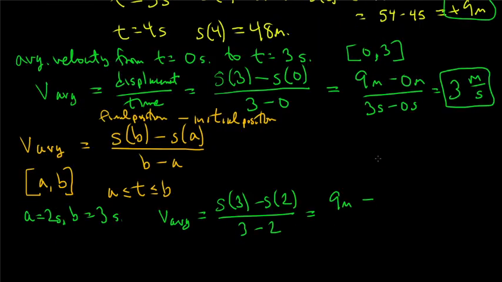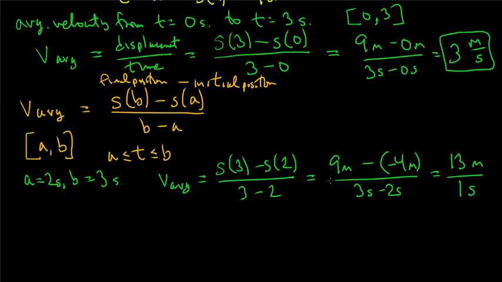So be careful. This is 9 minus negative 4 meters divided by 3 seconds minus 2 seconds. So 9 plus 4 is 13 meters divided by 3 minus 2, that's just 1 second.